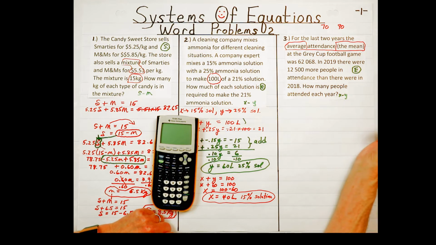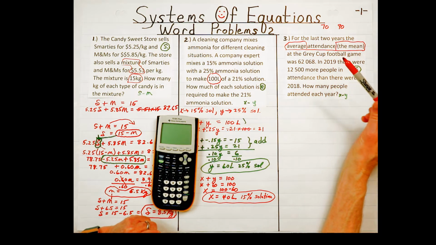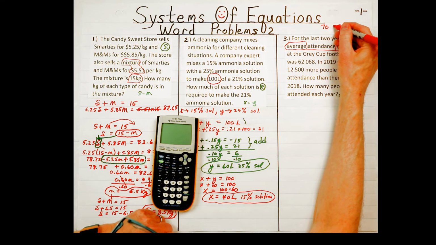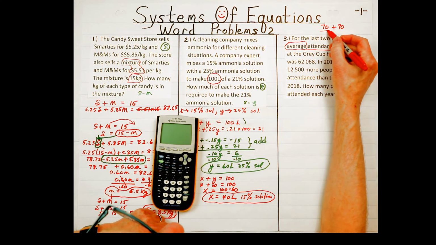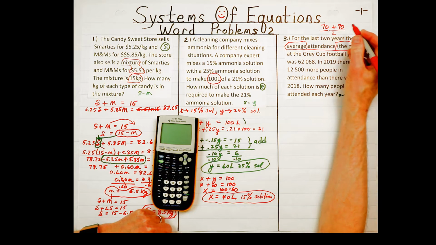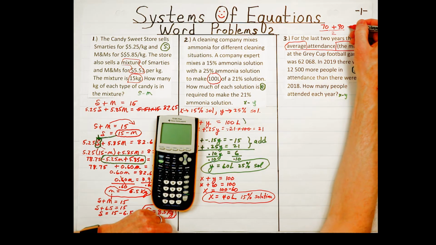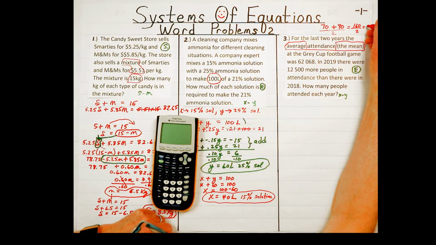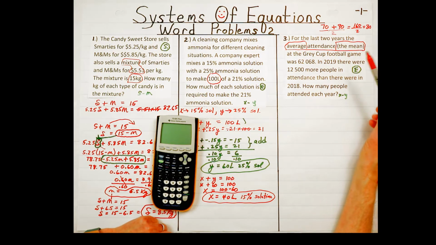So how do you figure out your average? Well, you add the two of them together and you divide by 2, right? So 70 plus 90 is 160, and you divide that by 2 and you get 80. That's all there is to it.